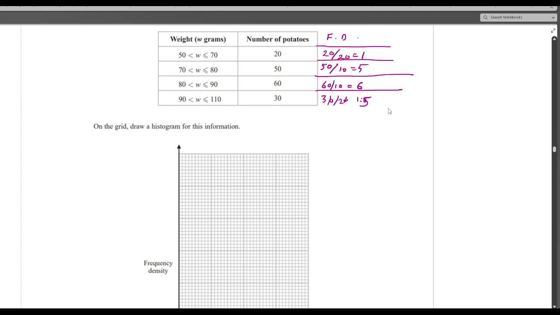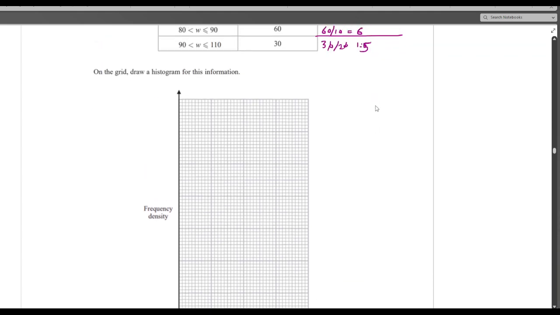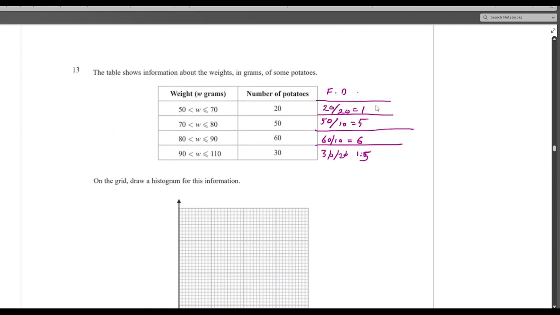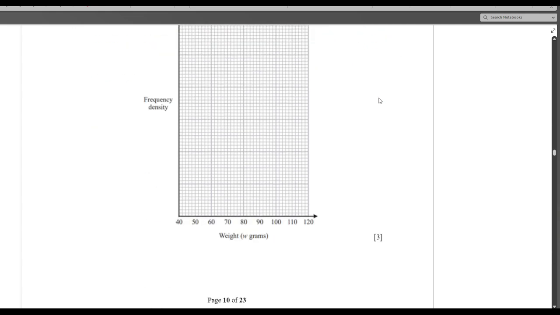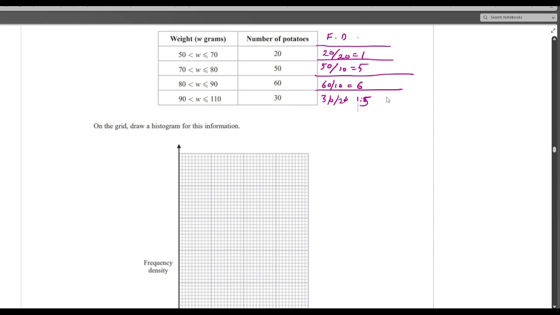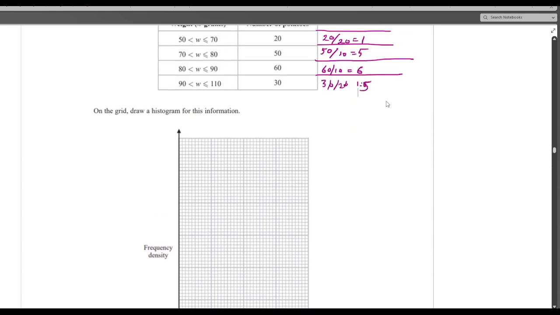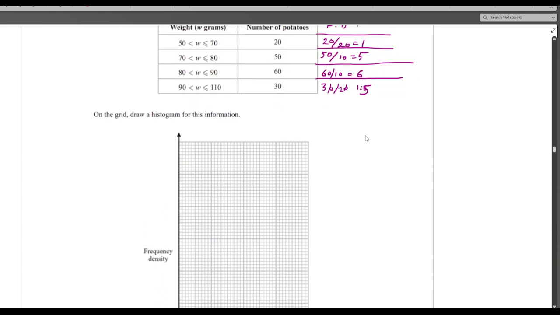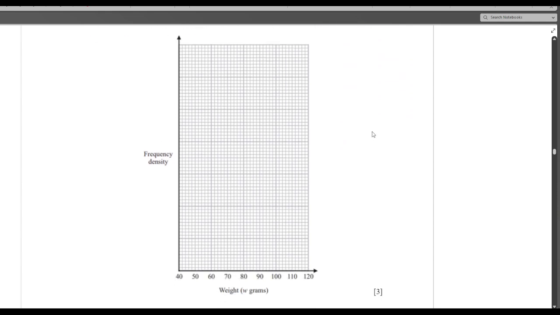Okay, so now I have to do the histogram here. From 50 to 70, my height is 1. If you see, the height goes up to 6 here: 1, 2, 3, 4, 5, 6.